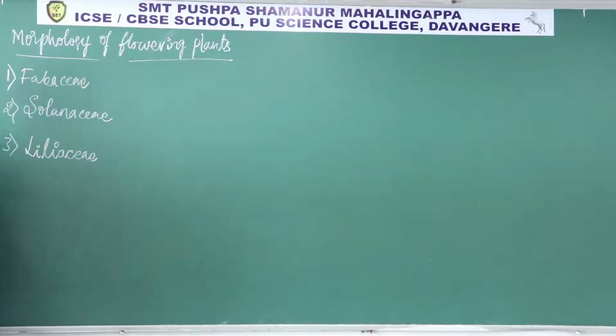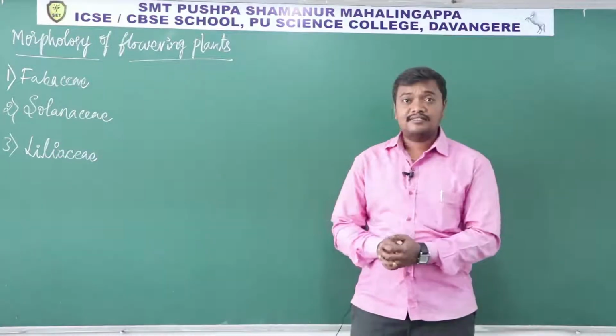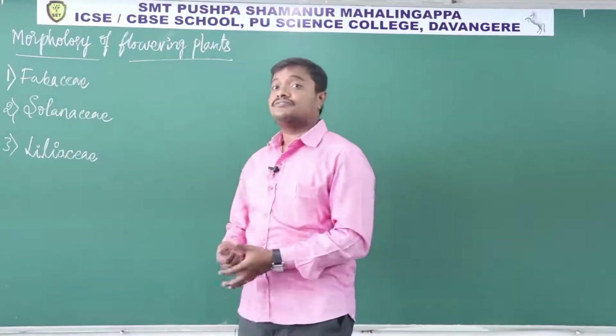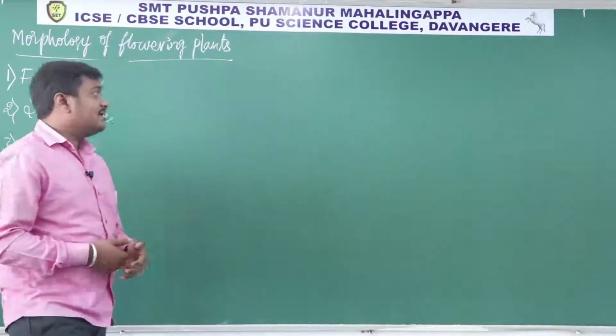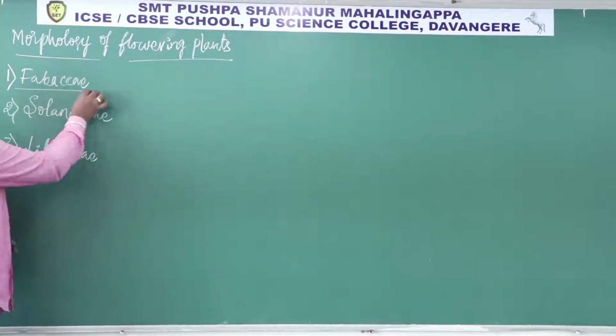So these are the 3 families you need to study. What are the things you are going to study under these families? You need to write the floral characters, that is the semi-technical description of the flowering plants we already discussed, starting from root to seed, then the floral formula and a floral diagram. That should be written for each and every family.